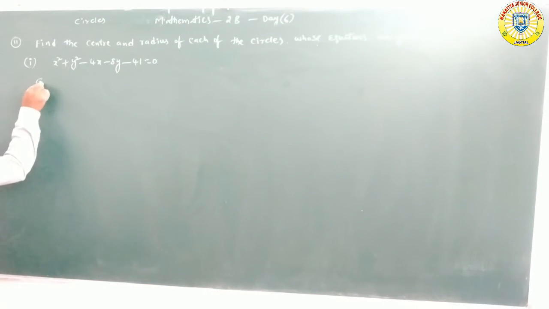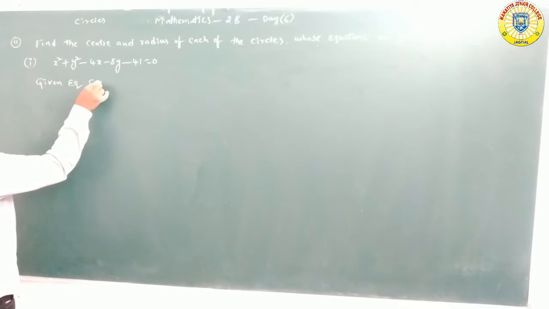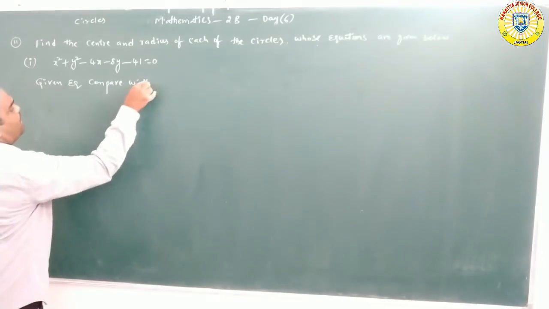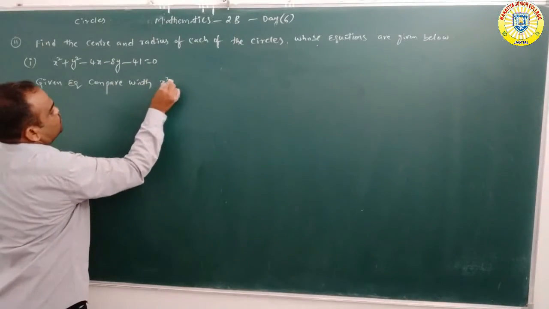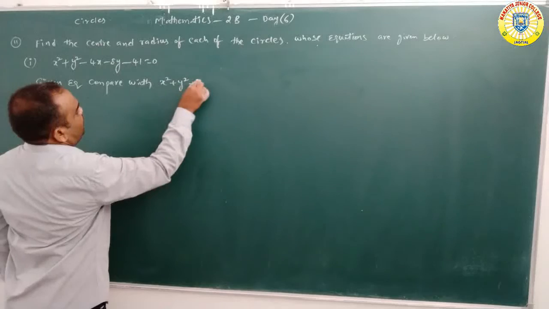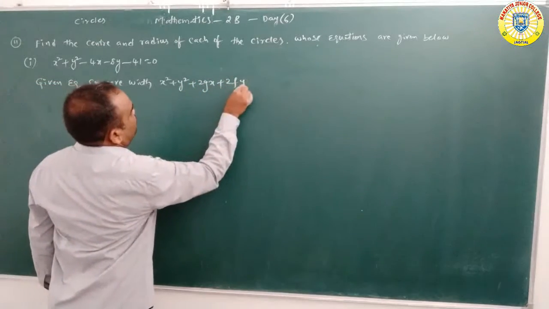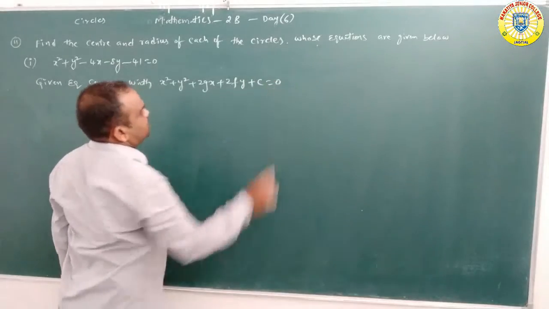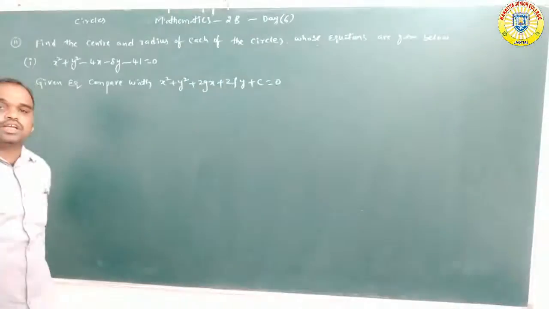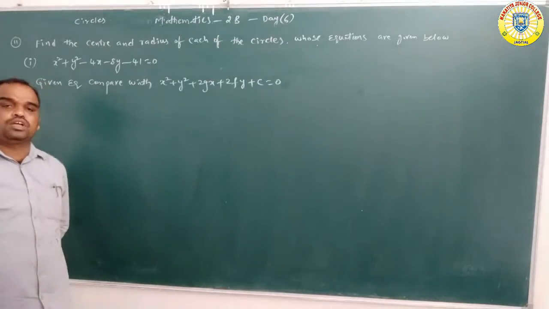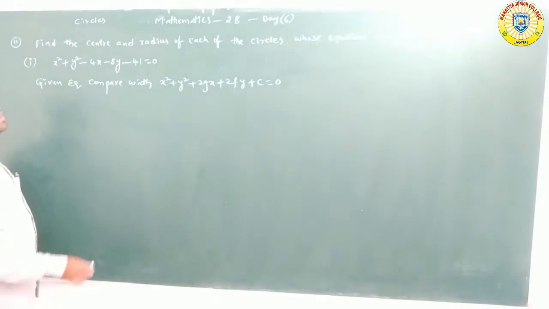First we write the given equation and compare it with x square plus y square plus 2gx plus 2fy plus c is equal to 0.